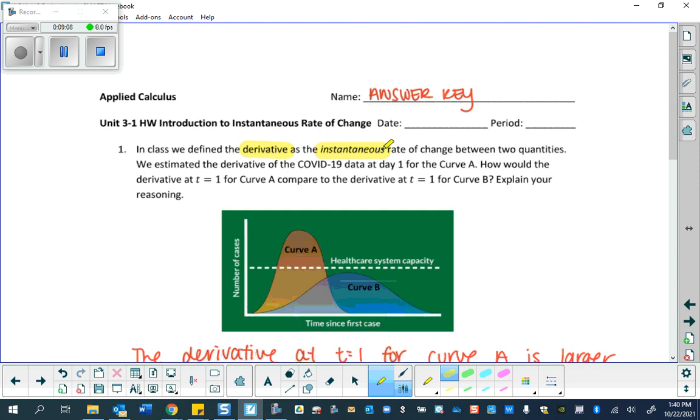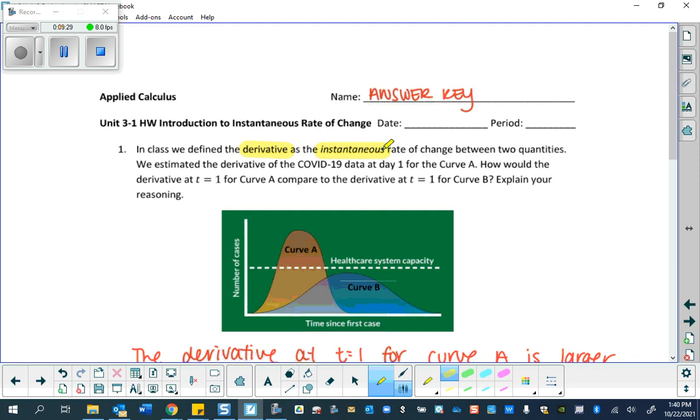I want to know what the rate of change is at this instant. I want to know what's happening there. So we call that the derivative. The derivative is the instantaneous rate of change between two quantities.